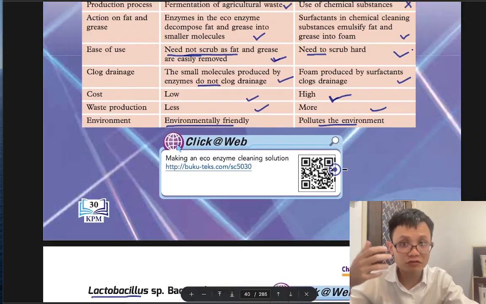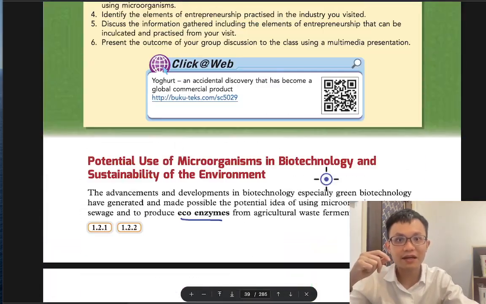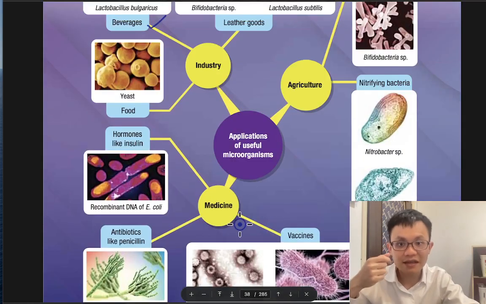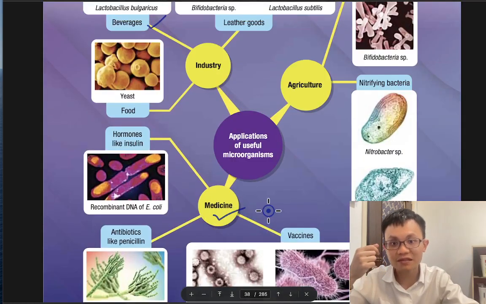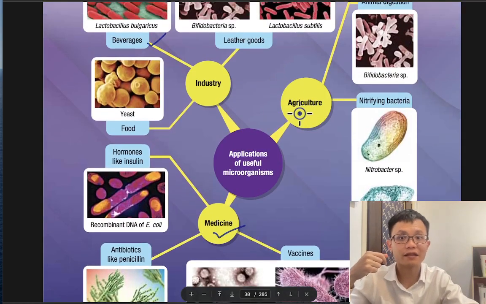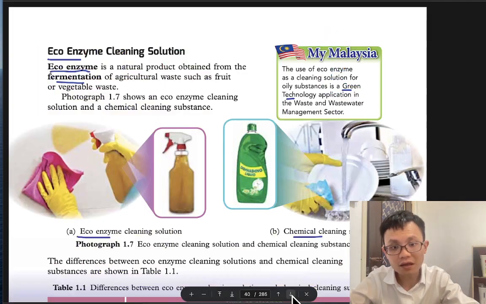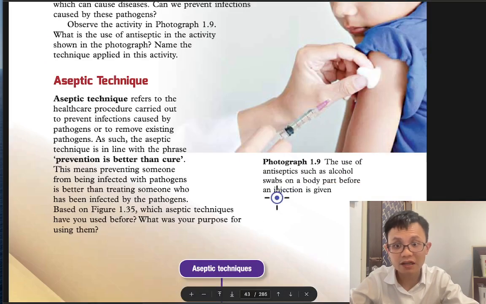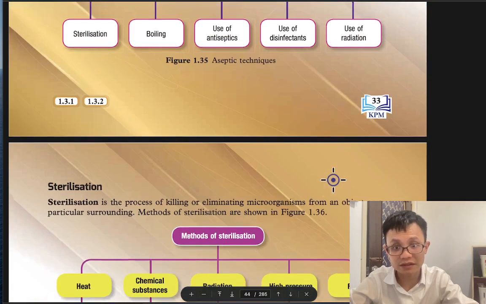Bacteria can help us to do many things. Bacteria can help us to clean, to make the food taste nicer. We can use it to make medicine, make vaccine. We can make agriculture. We can make industry. But sometimes microorganisms are also very bad, because they can cause a lot of disease.